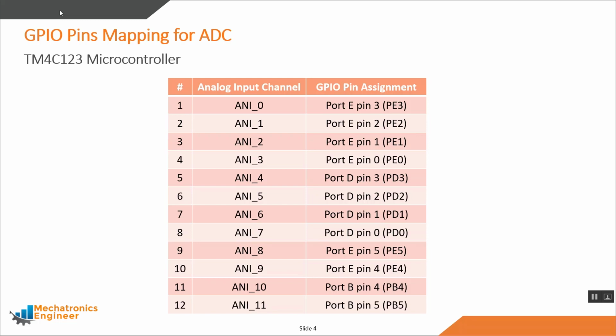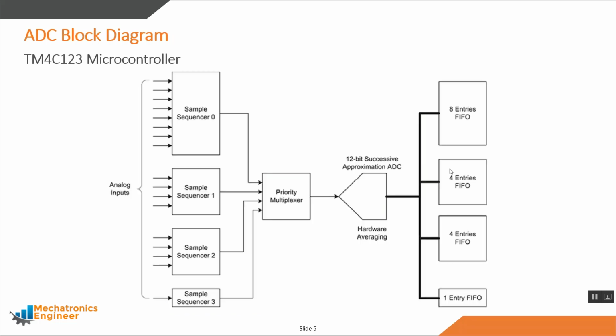So let's see the block diagram of the ADC along with its sample sequencers. This block diagram shows that the ADC module on the TM4C123 microcontroller combines 4 sample sequencers with the actual 12-bit successive approximation analog to digital converter.